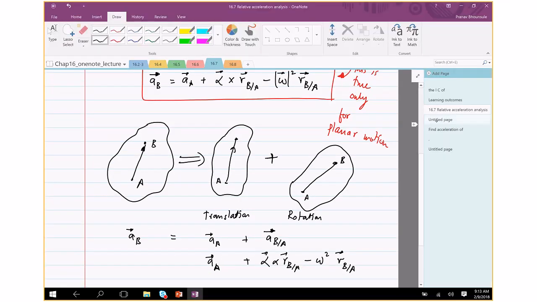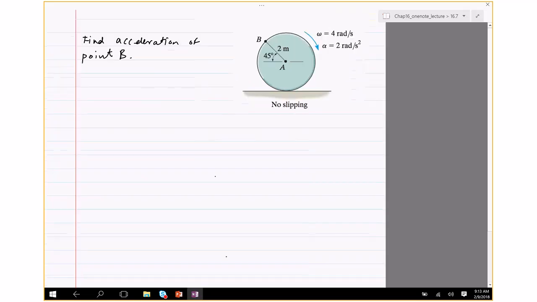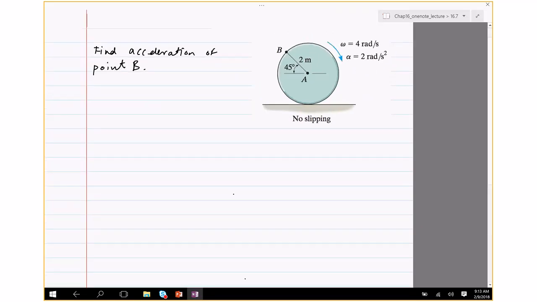So here is the first problem. Find the acceleration of point P when the disk, in this case, is spinning with an angular speed of 4 radians per second and angular acceleration of 2 radians per second square.